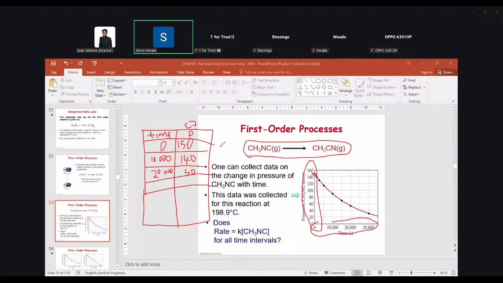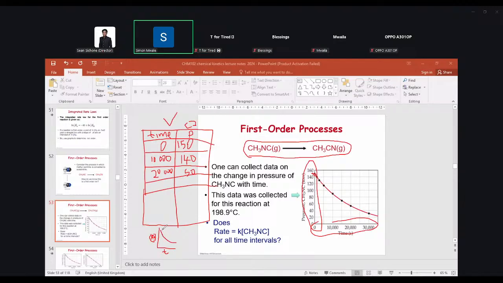Because they've given you this data, remember that for a first order reaction, from what we've looked at, a plot of concentration versus time gives you a curve.